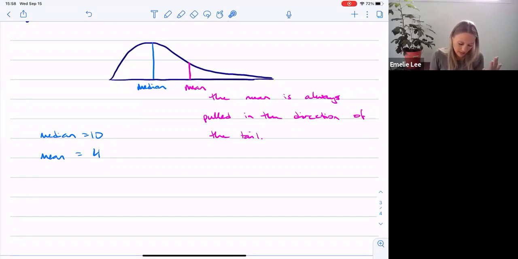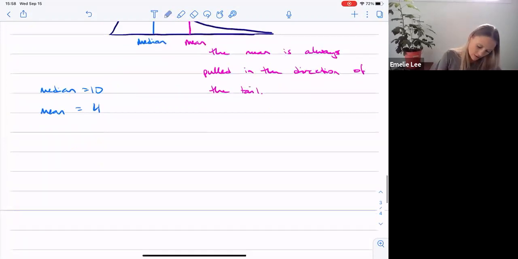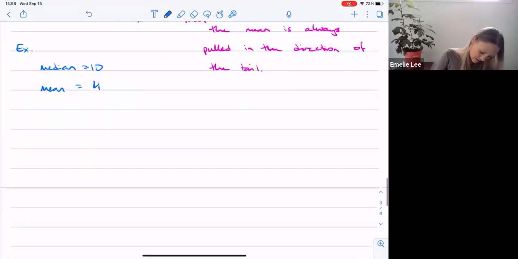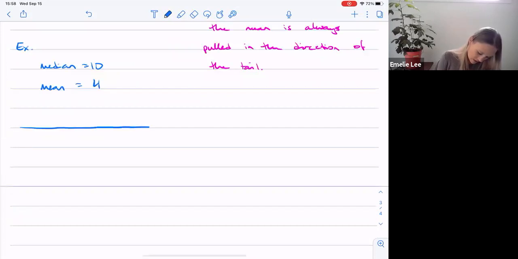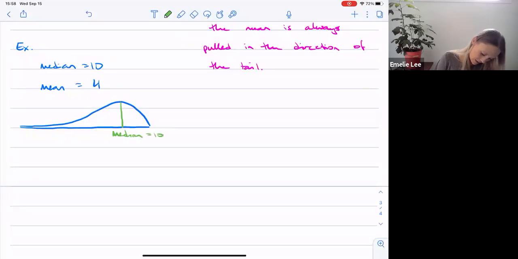I also know that the mean is always going to get pulled in the direction of the tail, right? And so here I'll label this so it's not just floating around, but it might look something like this, right? Median is 10 and the mean, right? So just knowing the values of the mean and the median, we can have some idea of what the distribution is going to look like, right?